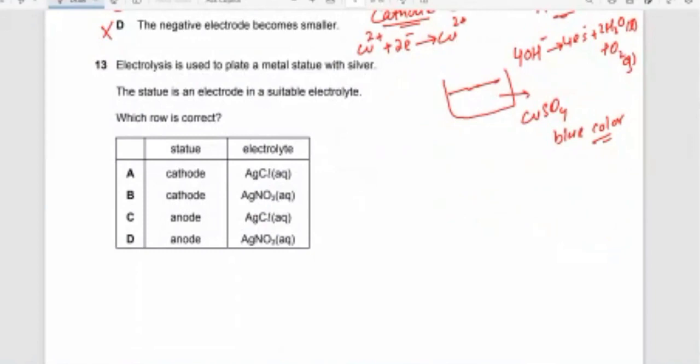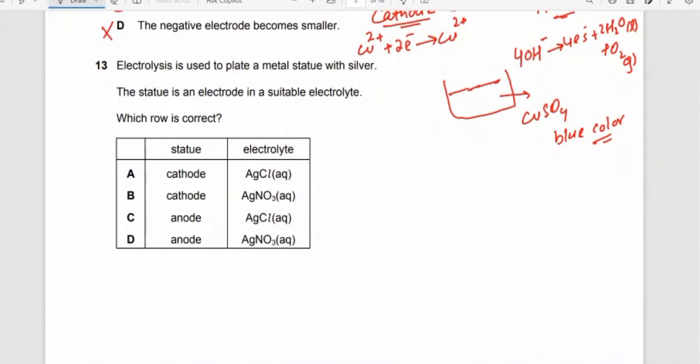You have studied about electrolysis, what we do: anything which has to be electroplated is made the cathode, and the substance which is going to be deposited is made the anode, or you can say its solution is used. So the statue will be on the cathode, not on the anode.